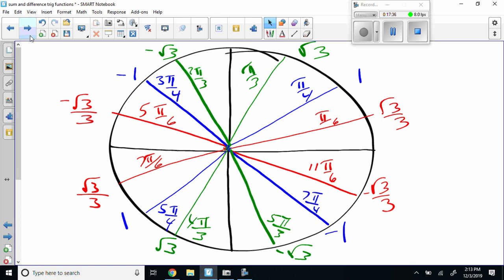Pi over what? Y'all remember that reference angle? Not reference angle, coterminal. Angle measure between 0 and 360 or 0 and 2 pi, right? 9 pi over 4 happens to be a full revolution and a quarter. A pi over 4, right?